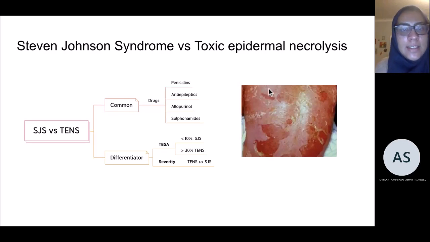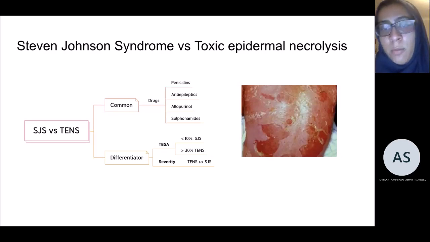In terms of the presentation, often in the history you'll see that they'll be on a new medication, usually for more than a month or so, or maybe even a few days. They'll be feeling feverish, feeling a bit sick, might have a sore throat, these kind of prodromal symptoms, and then they'll erupt into a rash, and that will gradually extend.